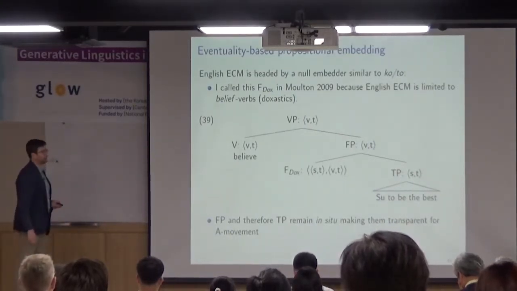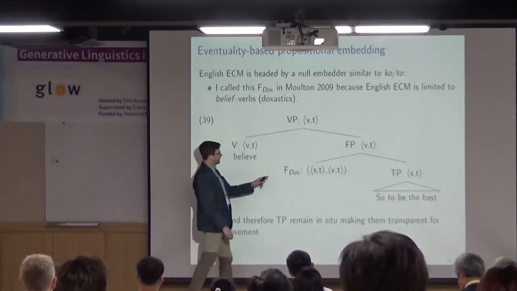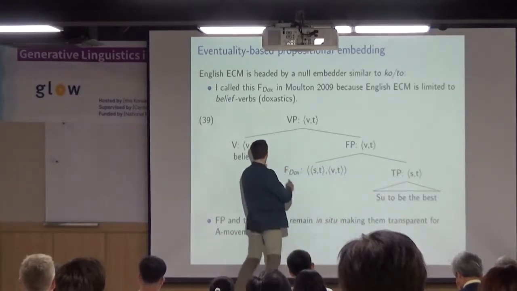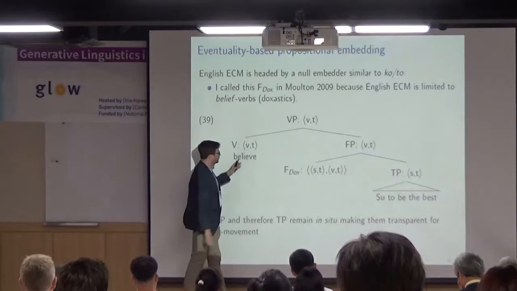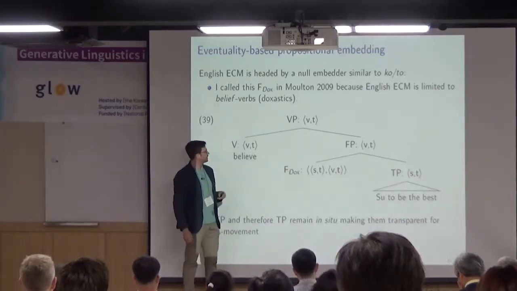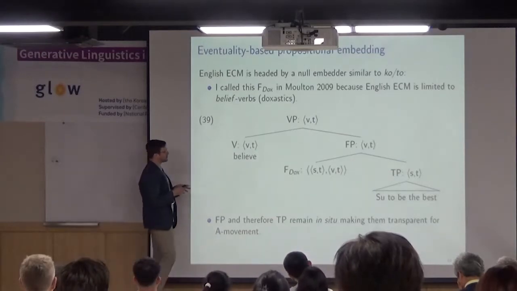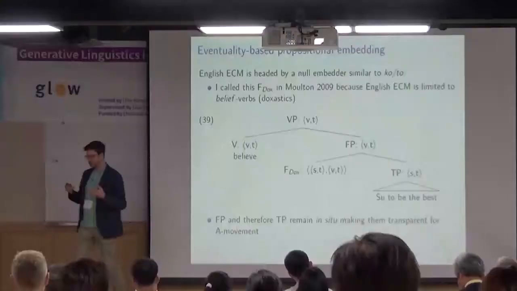English ECM must have the same profile. There must be some head in English ECM that integrates the proposition and gives you a type that allows the clause to compose in situ. I actually sort of thought I needed something like this at one point, and I didn't know what to call it.